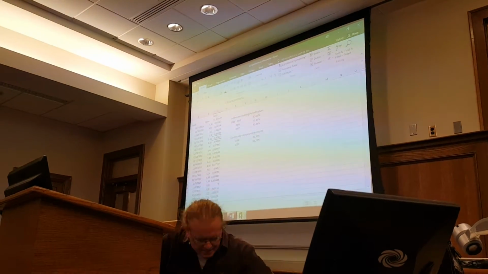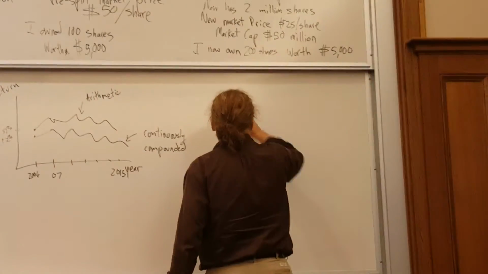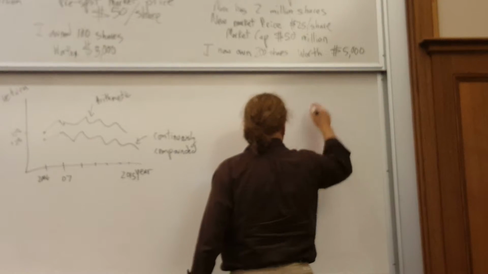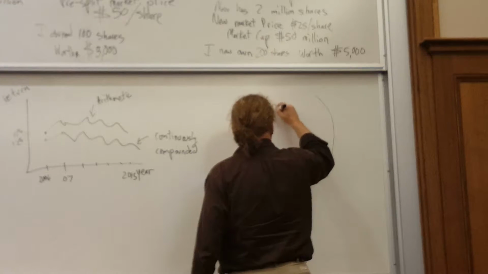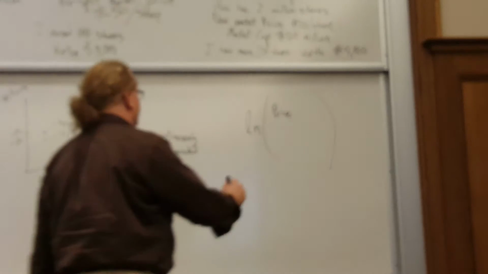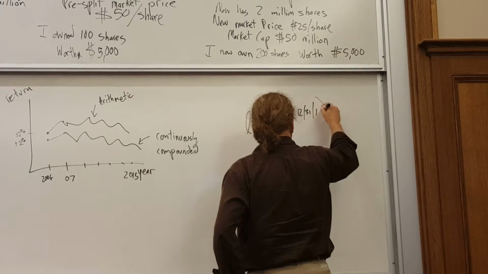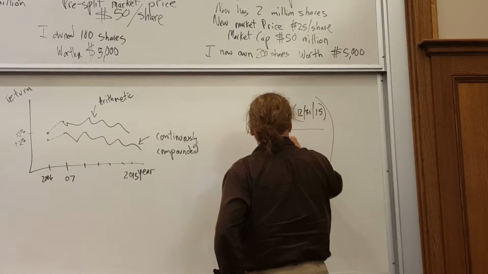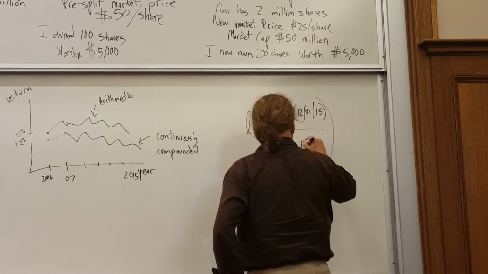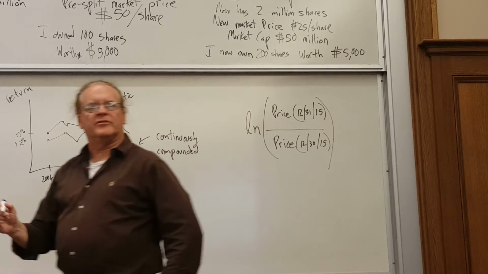It's just ln of the price on December 31st, 2015 divided by the price on December 30th, 2015. Whatever those spreadsheet references are.